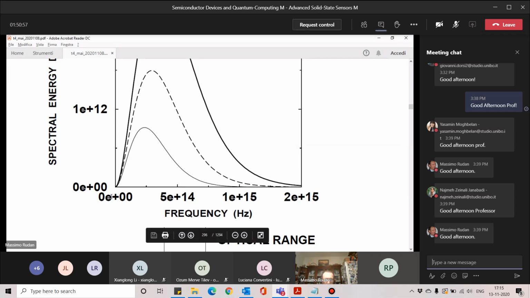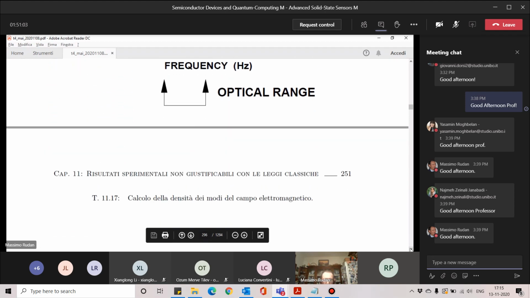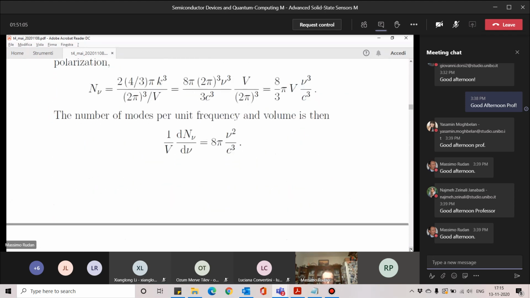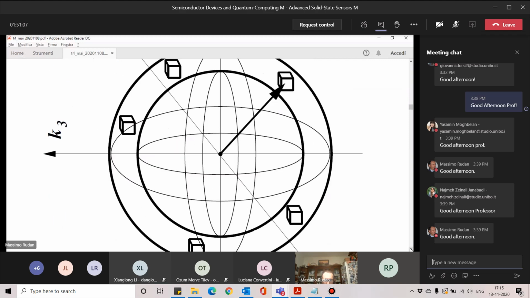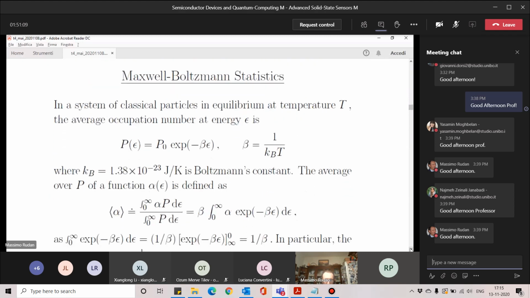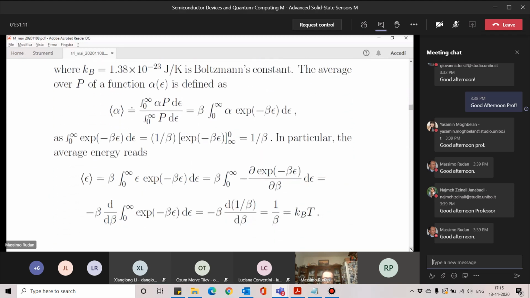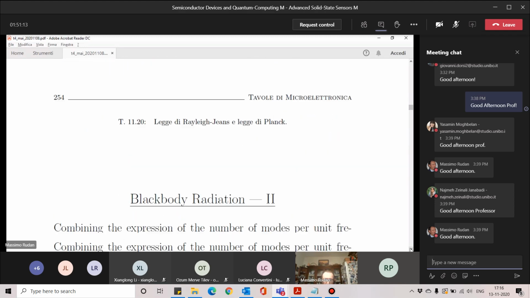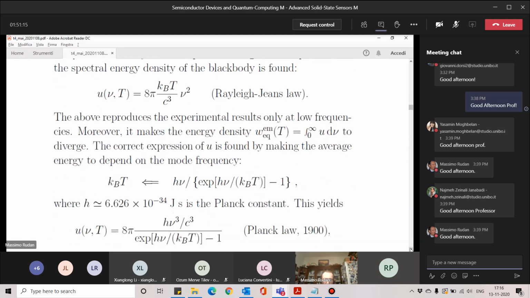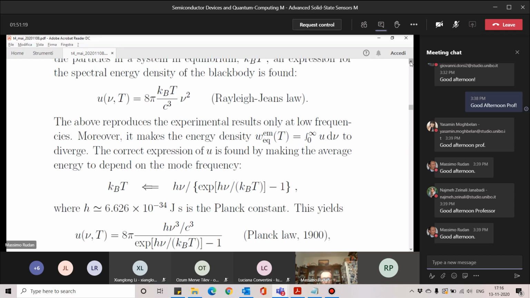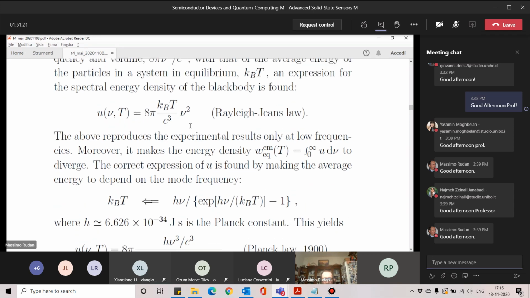But unfortunately, if you go up in frequency, eventually a parabola diverges, okay? And if you try to integrate this formula with the frequency going from 0 to infinity, of course, you find infinity.